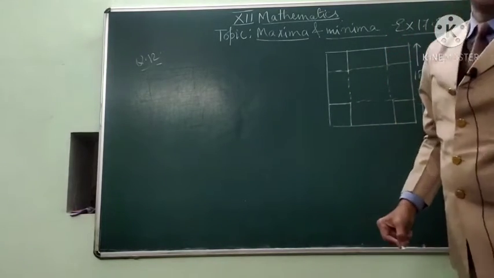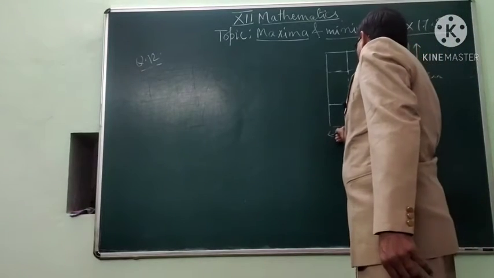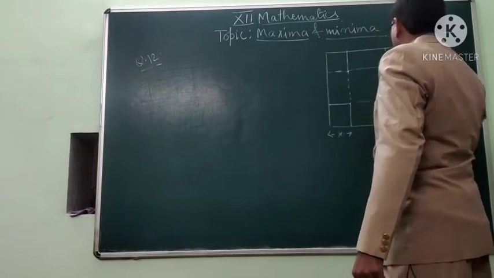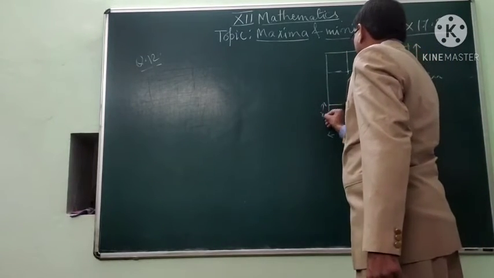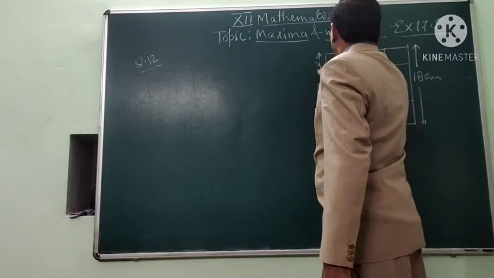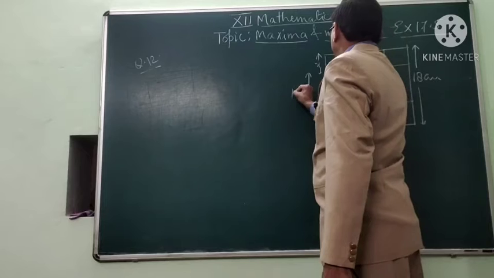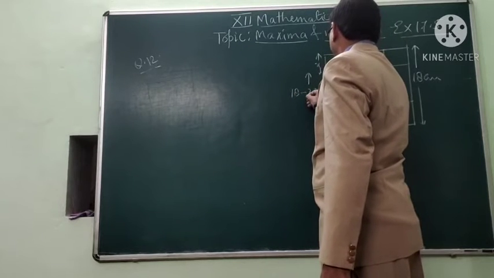Let the square that is to be cut be of side x. So the remaining part is 18 minus 2x.